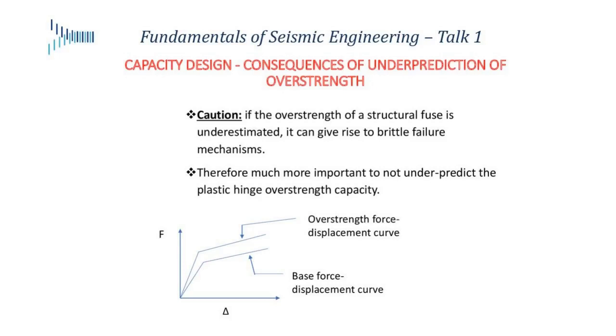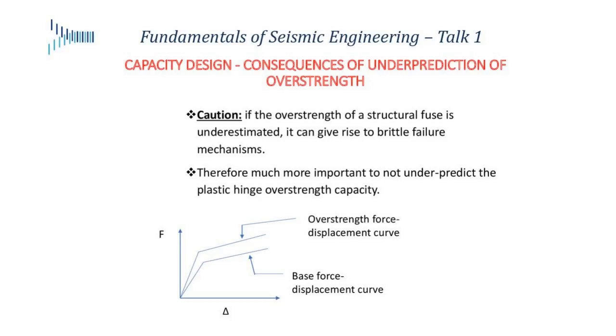So because of this material overstrength, and the fact that you perhaps have pushed the system quite far, your steel has now gone into strain hardening, and your fuses are actually stronger than what you assumed them to be.